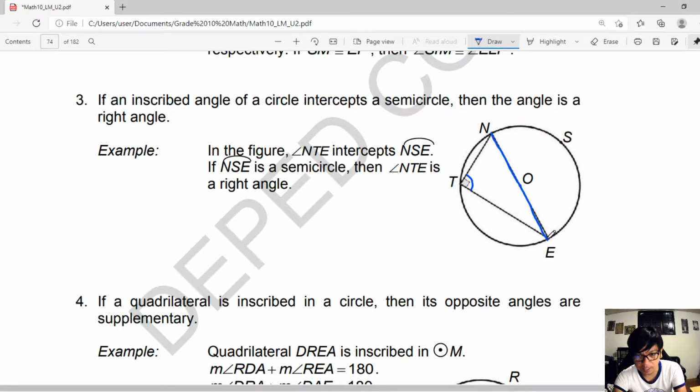Ito yung intercepted arc niya. So, ibig sabihin, if an inscribed angle of a circle intercepts a semicircle, ibig sabihin, 180 kasi measure nito. So, ibig sabihin, ang measure ng inscribed angle is a right angle or it measures 90 degrees. So, yun yung sinasabi sa theorem. So, right angle measures 90 degrees.